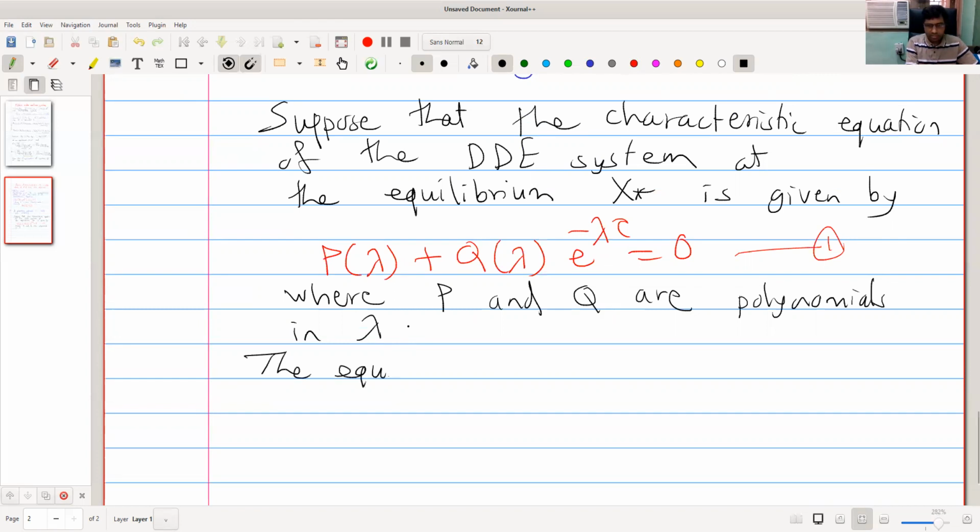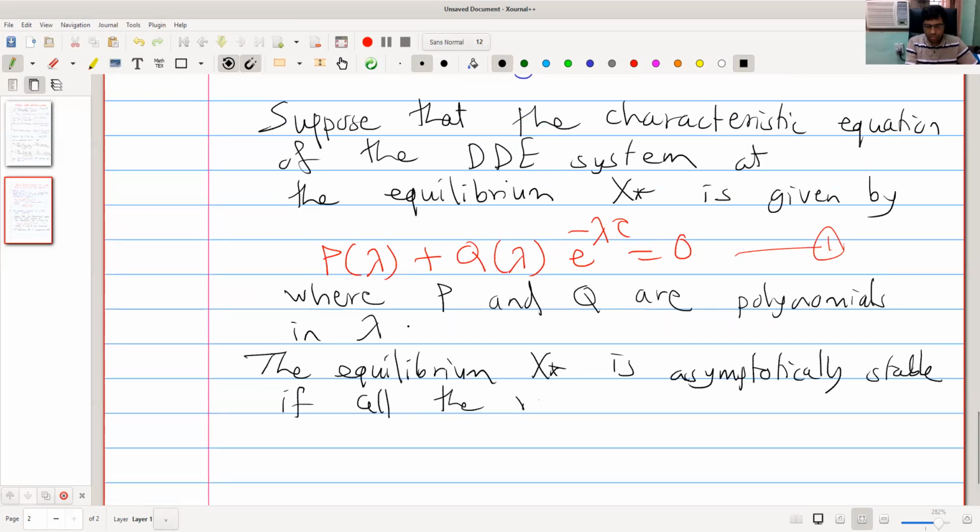The equilibrium x star is asymptotically stable if all the roots lambda of (1) satisfy real part of lambda is less than 0, meaning all the roots of (1) lie on the left half of the complex plane.